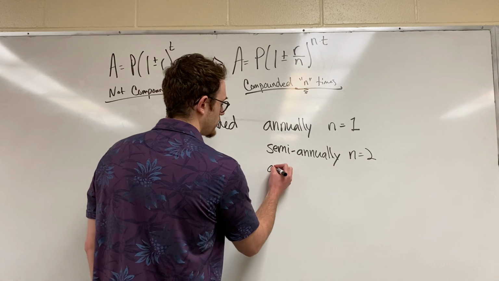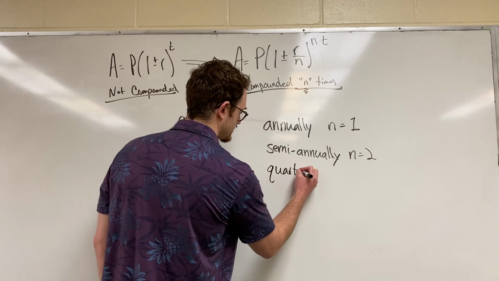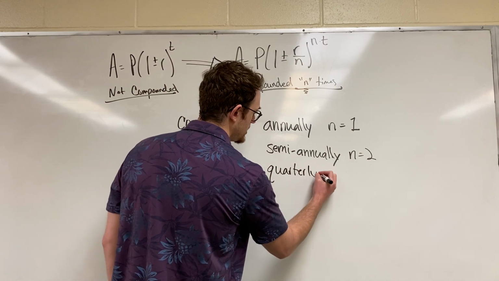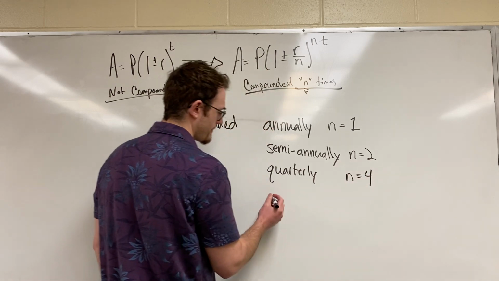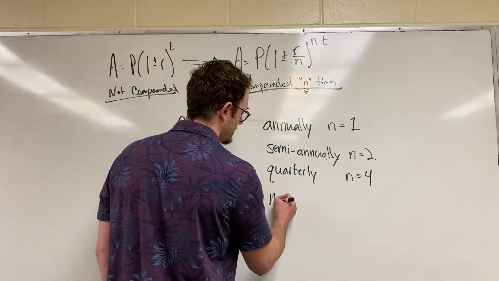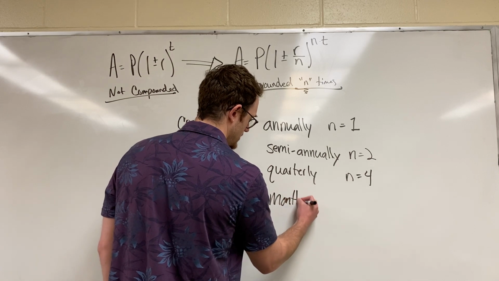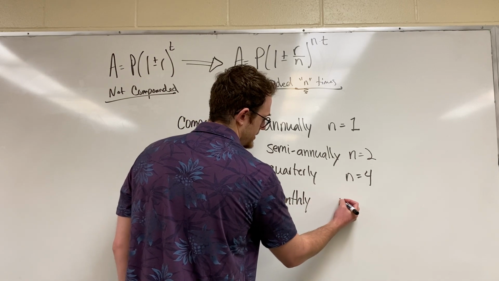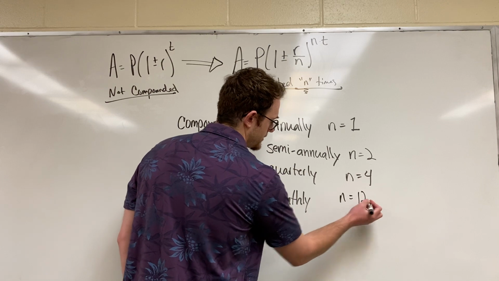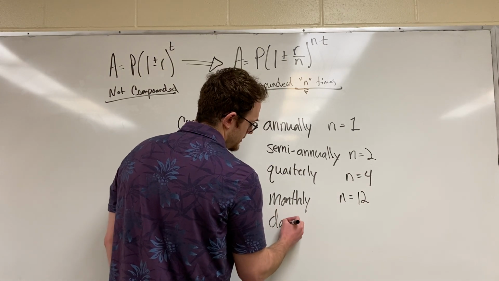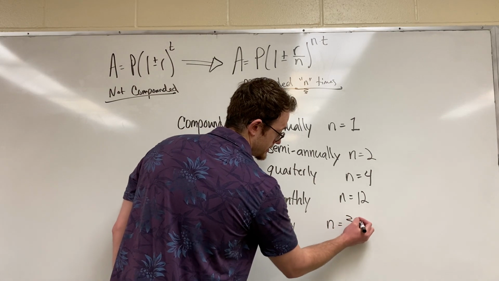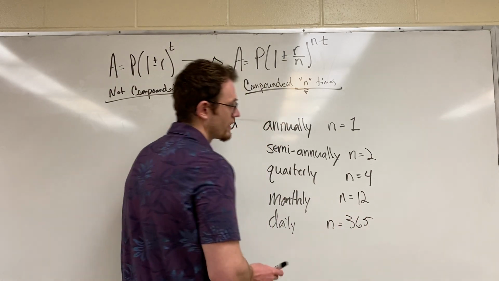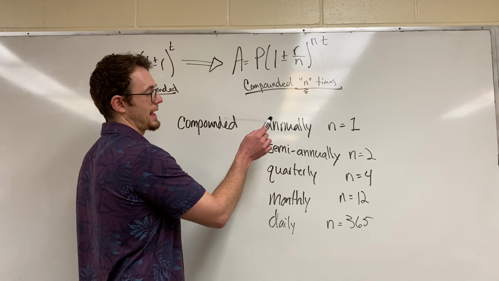And then you can get quarterly. So there's 4 quarters in a year. And then maybe monthly would be 1, and that would be n equals 12. Daily, n equals 365.